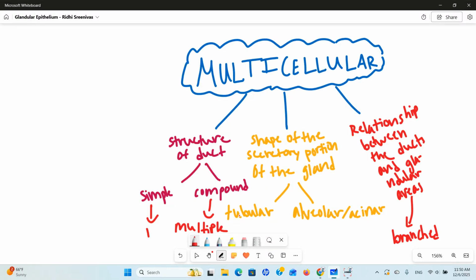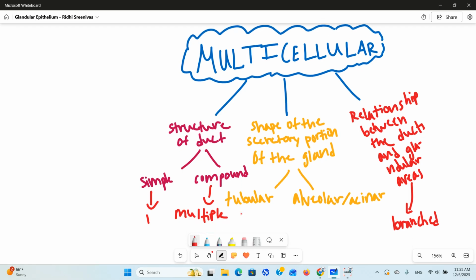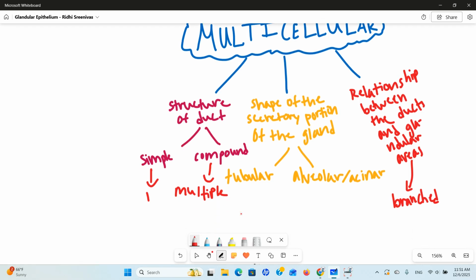Now, if we look at the shape of the secretory unit or portion of the gland, the shape can either be tubular, alveolar, also called acinar, or it can actually be a combination of both, called tubulo-alveolar or tubular acinar.